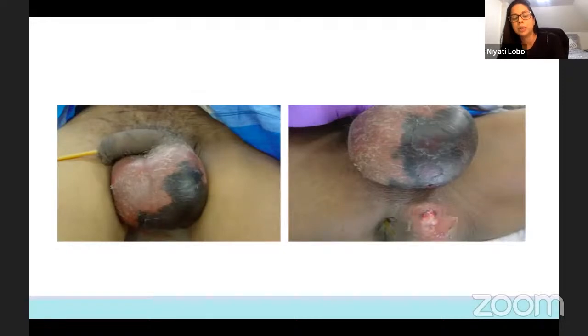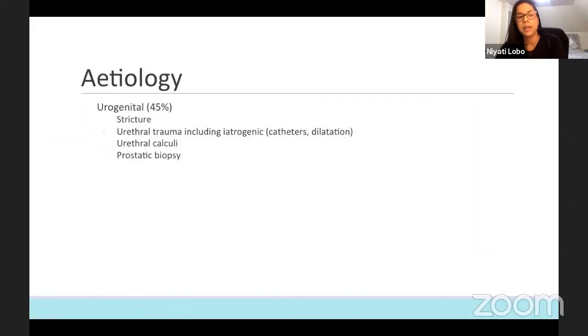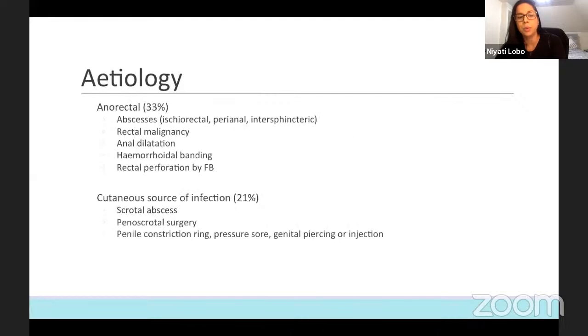When you examine these patients, it's really important that you not only look at the scrotum itself, but lift the scrotum up and look at the perineal and perianal area as well, because that might be where the infection started from. The etiology can be urogenital, anorectal or from the skin. You can read all of these different causes, but it's a clinical diagnosis.